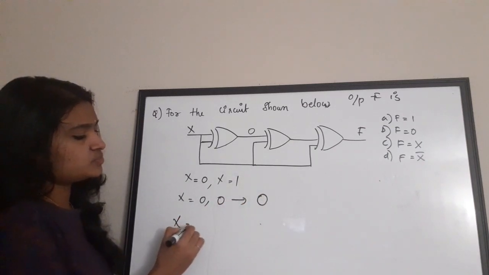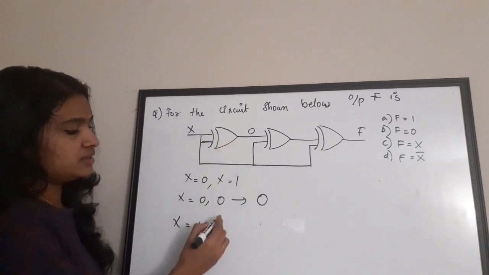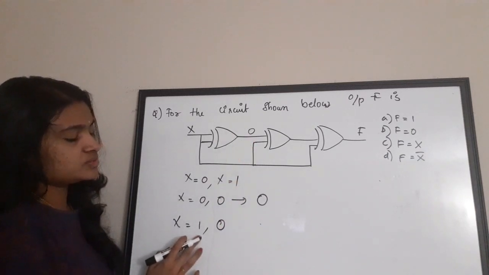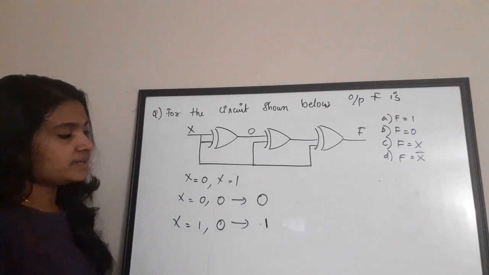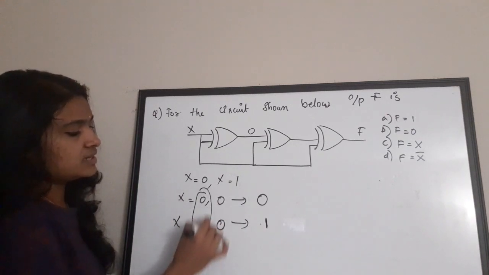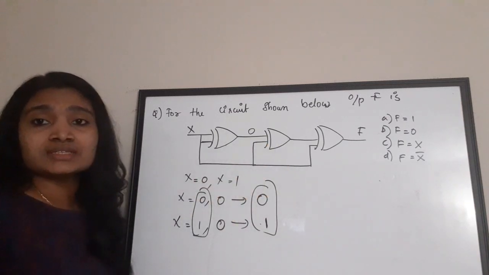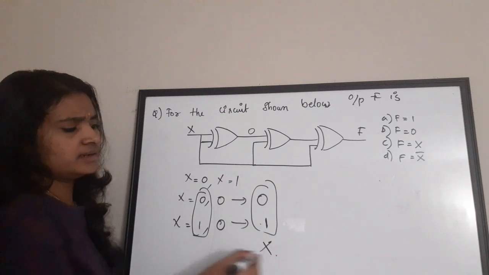Now, if X is 1 and then it is being fed with a 0, so 0 is here, and if X is 1, what will be the output? It is 1, right? If you see this and if you see this, what is coming as the output of the second XOR gate? It is X only, right?